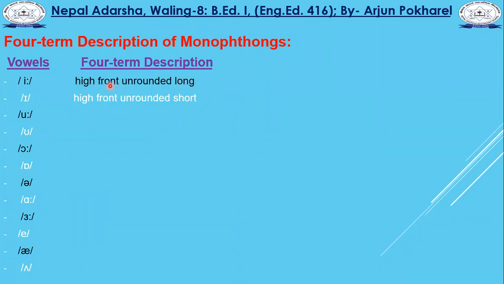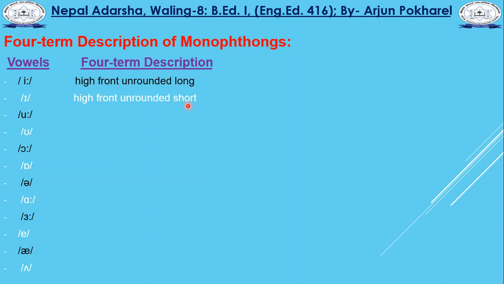Only write high, front, unrounded vowel. Or you can say high, front, long; high, front, short. You can also describe in this way. But basically when the description of monophthong is asked, 4 term description will be asked.